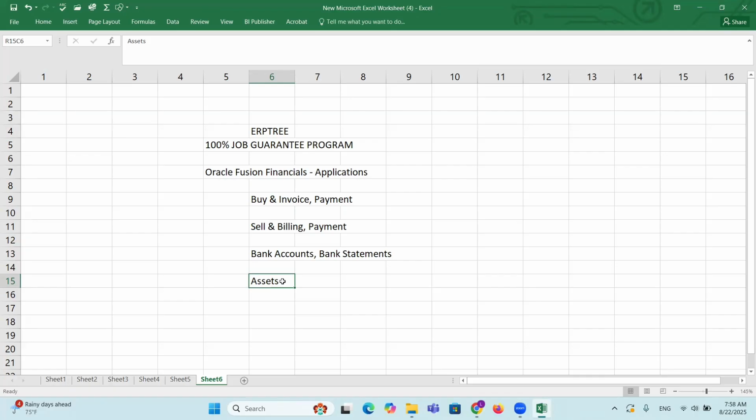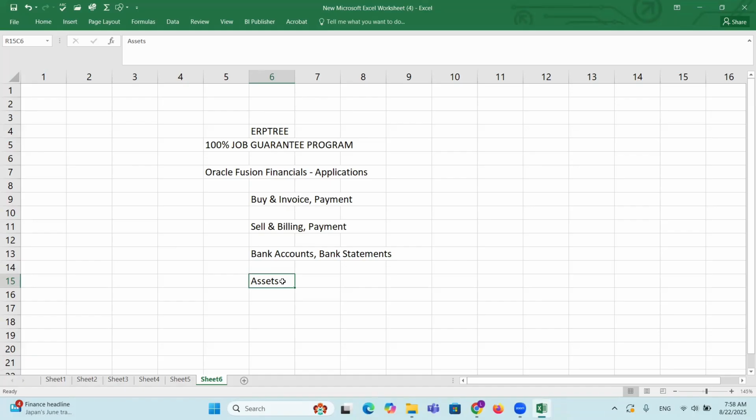Say for example, if we buy the car today, the cost could be 20 lakhs. After 1 year, the car value could be 18 lakhs. That means the 2 lakhs value got reduced.